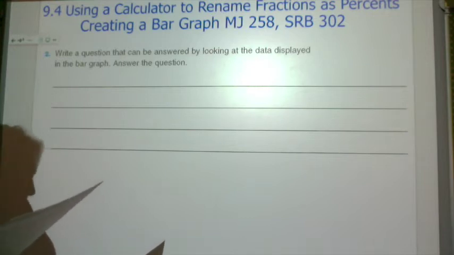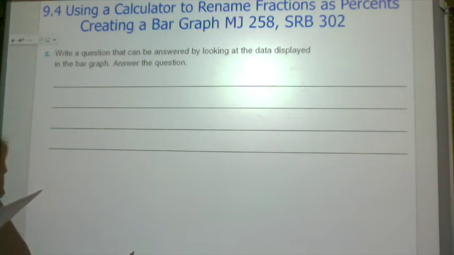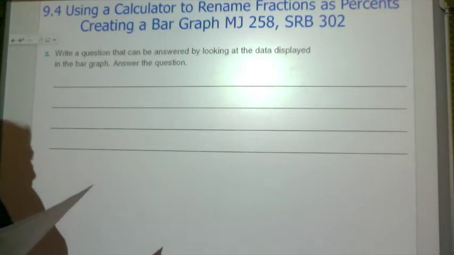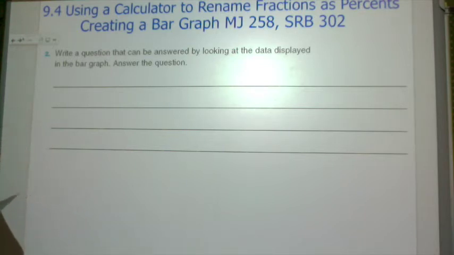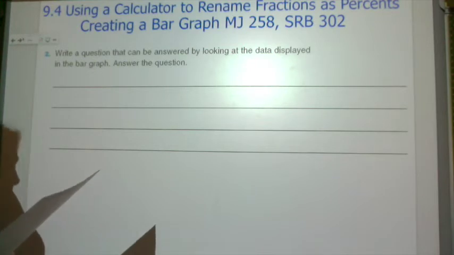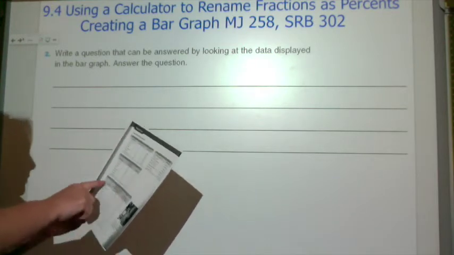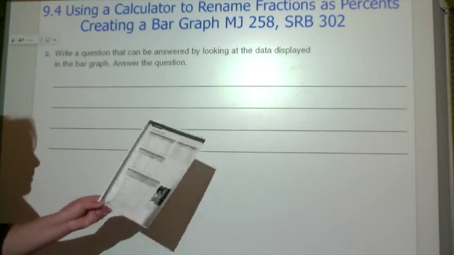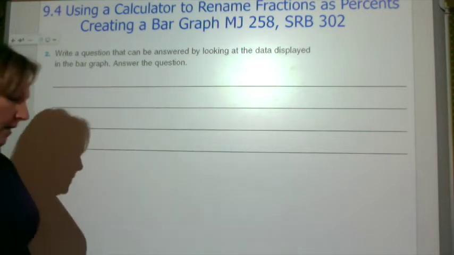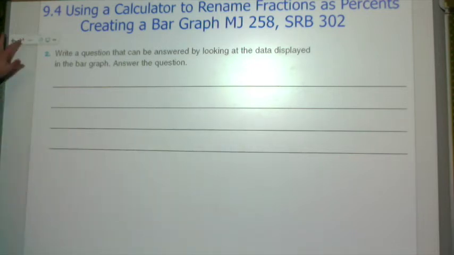In comparison, Canada and the United States, which country had more subscriptions for cellular telephone service? That would be one of those questions that you could generate from this bottom part of page 302, or your graph that you just created.